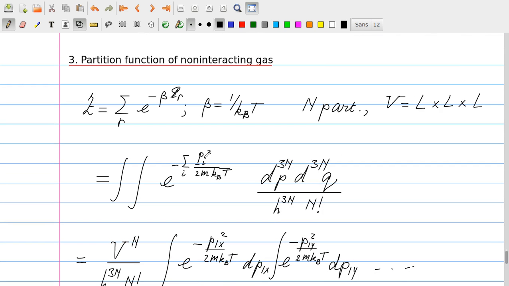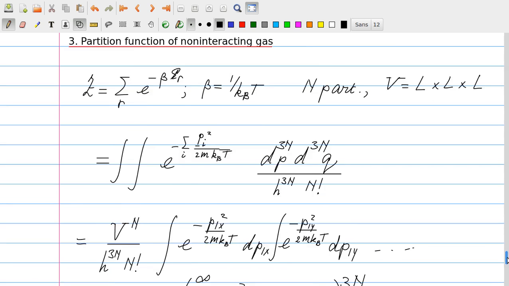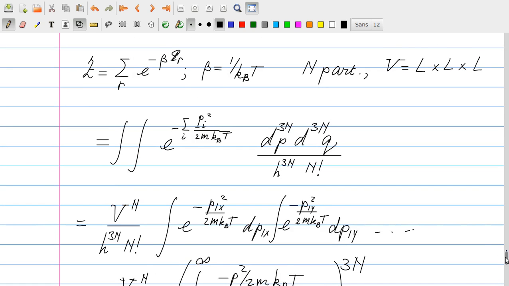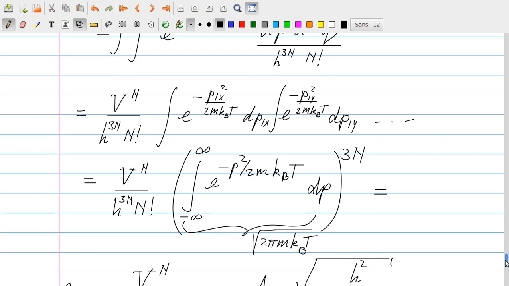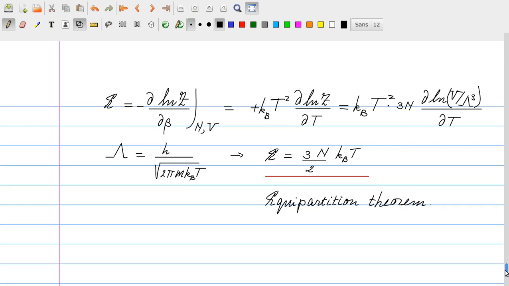So we have here a sum over energies not only for each particle but even for each Cartesian component. And so the integral factorizes and can be written as a product. And because the energy is related to the logarithm of Z, that gives you in the end a sum for the energy over all the Cartesian components of all the particles. And that is what leads eventually to E is 3N/2 kBT, the equipartition theorem.